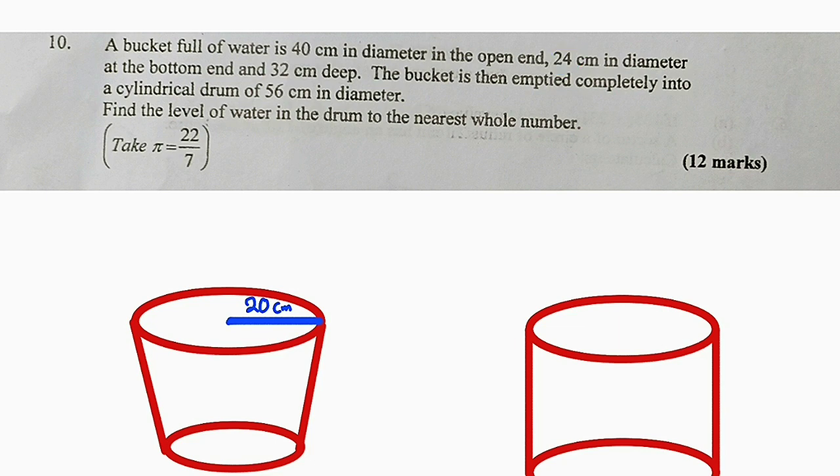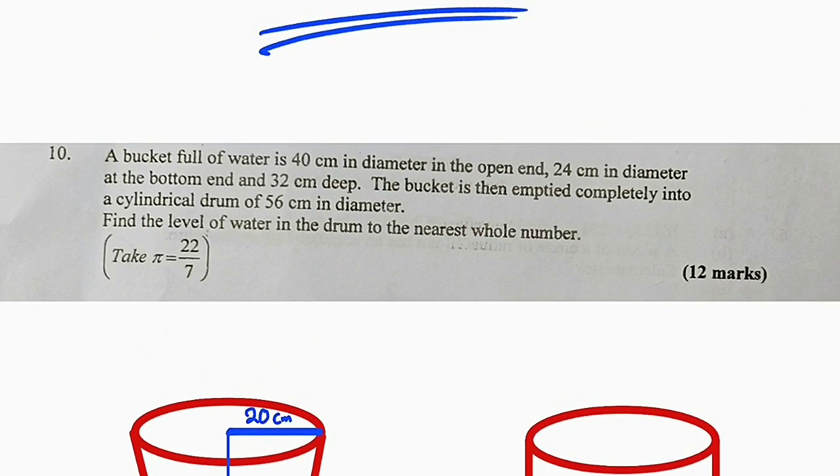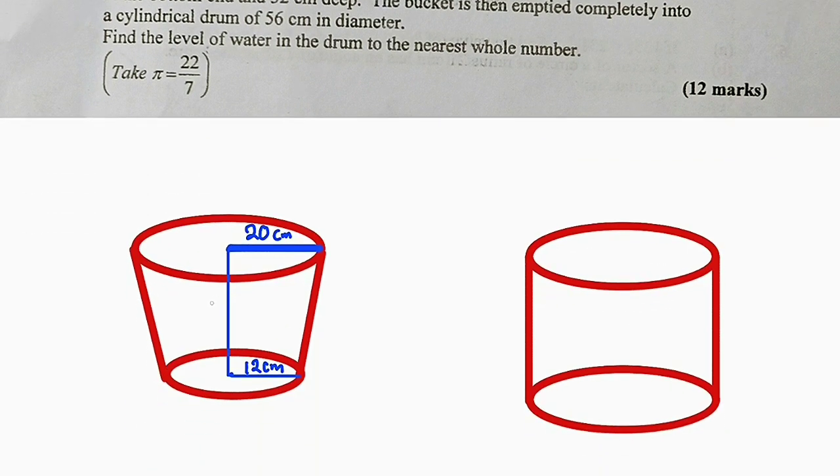And half of 24 is going to be what? The radius, which is 12. So if this is the center to the circumference, we have 12 cm here. And I can connect this in order to obtain the height. And the height is given as what? 32 centimeter. So this is 32 centimeter.